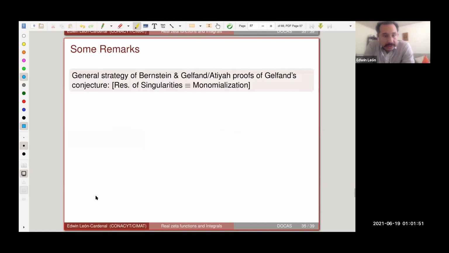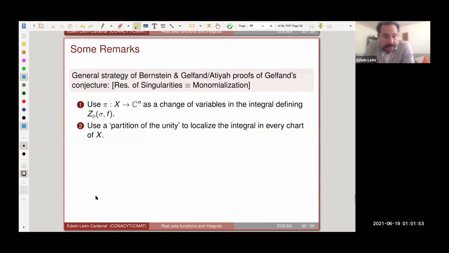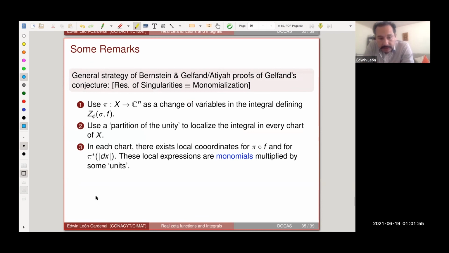So this is the general strategy of the resolution of singularities proof. I'm not going into those details because I'm more interested in other things. But the idea is to use the resolution of singularities, the map pi, as a change of variables, and then we need to use a partition of unity to localize the integral in every chart.